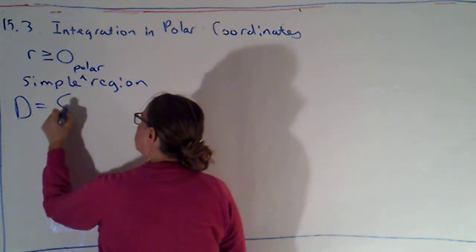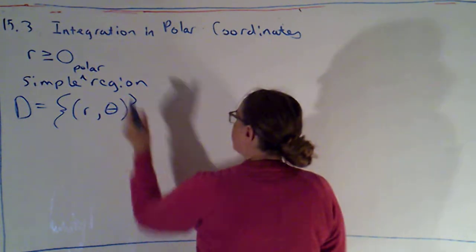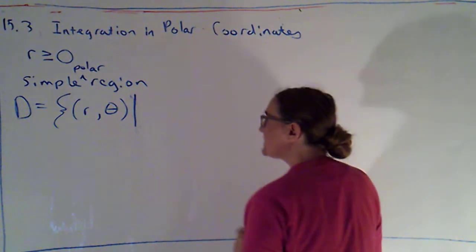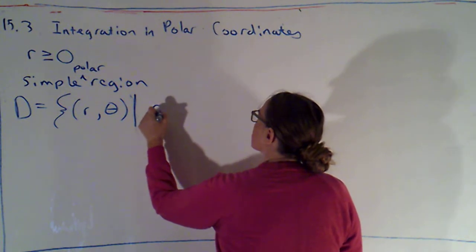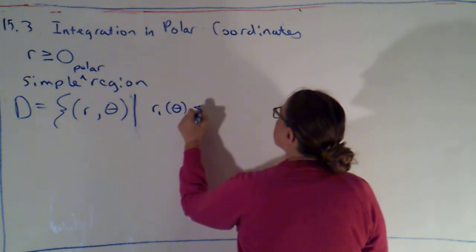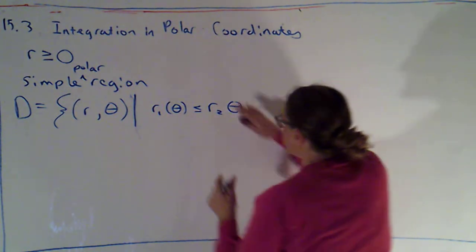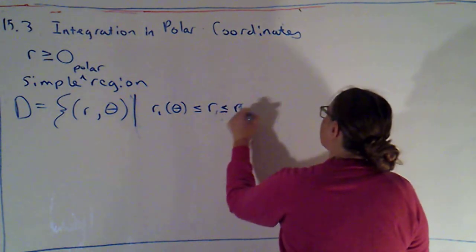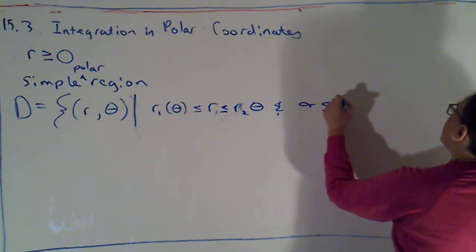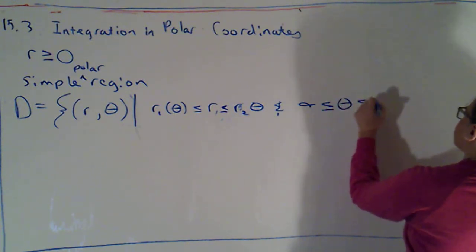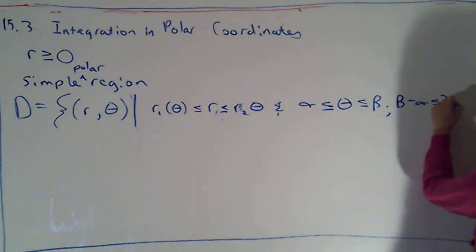So we're going to have a region D, which is described in polar coordinates as the set of all points (r, theta) such that r1 of theta is less than or equal to r, which is less than or equal to r2 of theta, and alpha is less than or equal to theta is less than or equal to beta, where beta minus alpha is less than or equal to 2 pi.